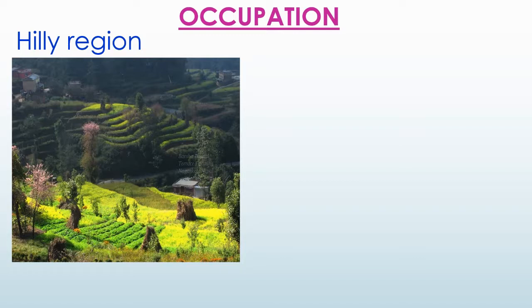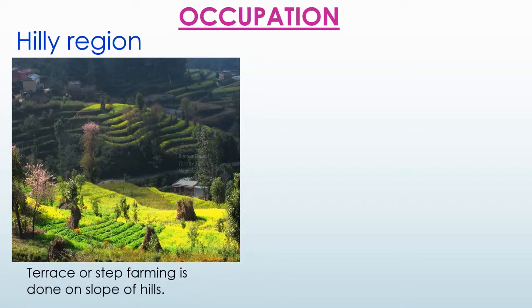Terrace farming is useful as it slows down the speed of running water down the mountains. This conserves fertile topsoil. For example, the crops grown here are tea, medicinal plants, spices, oil seeds, etc.